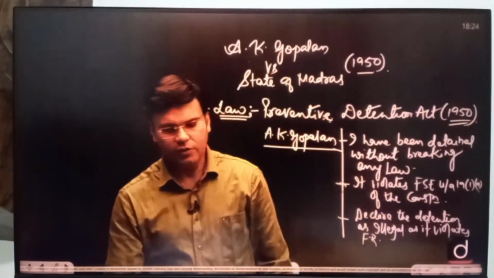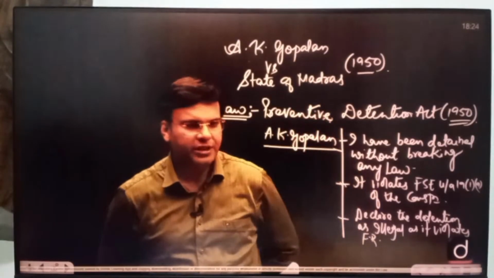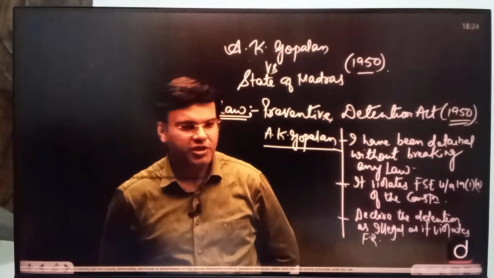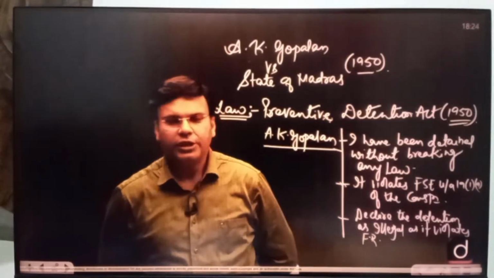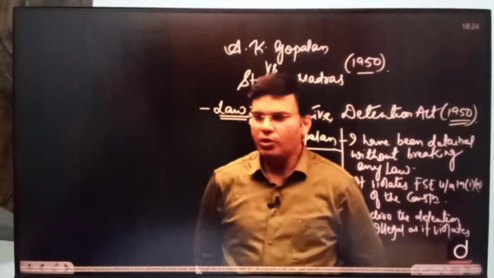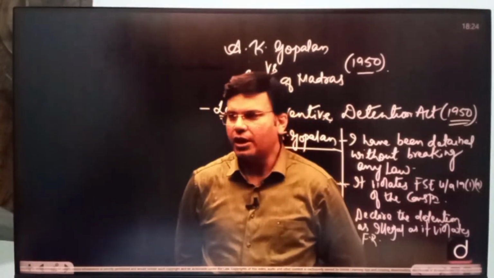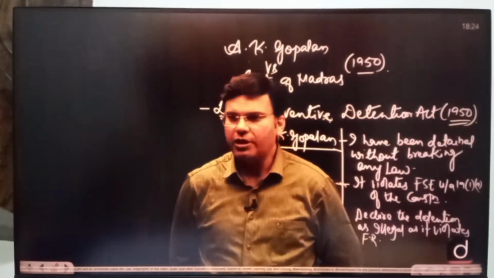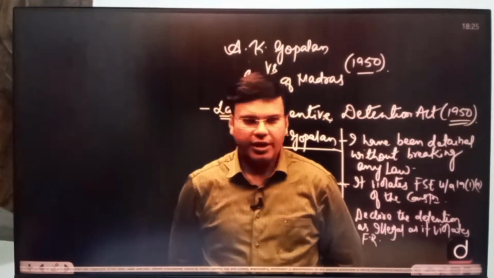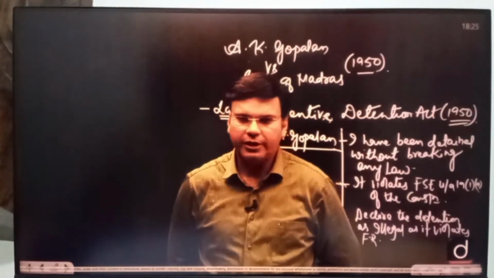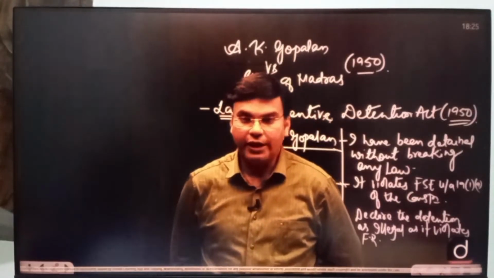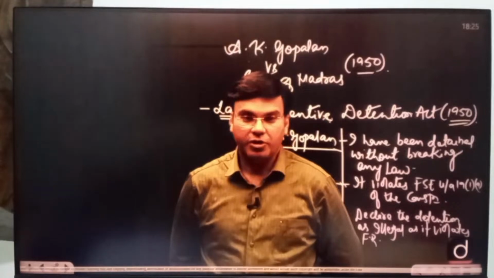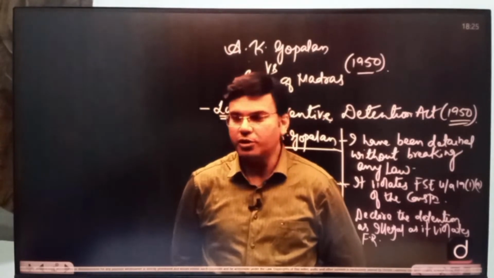Okay, so this is what you need to remember. This is a case for procedure established by law, where the Indian Supreme Court said that under Article 21, if there is a valid law passed by the competent legislative body depriving somebody of their personal liberty, then we will not invoke any other principle like the principle of due process of law or the principle of natural justice to give relief to the person concerned.